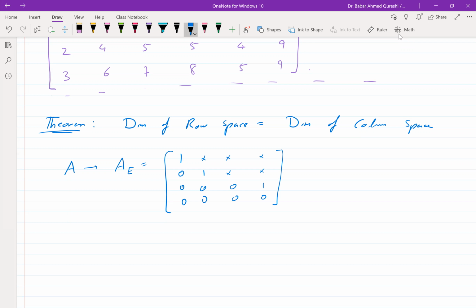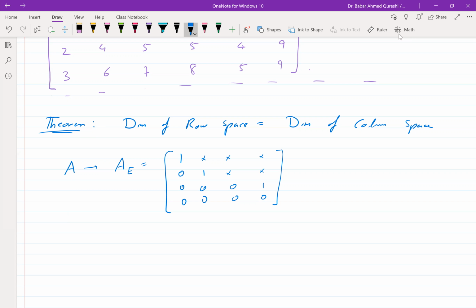So I know that these non-zero rows are linearly independent in this case, because in each next row you have an extra zero which cannot be matched up. So over here, this one cannot be cancelled by anything below it. This one cannot be cancelled by anything below it, and so on.